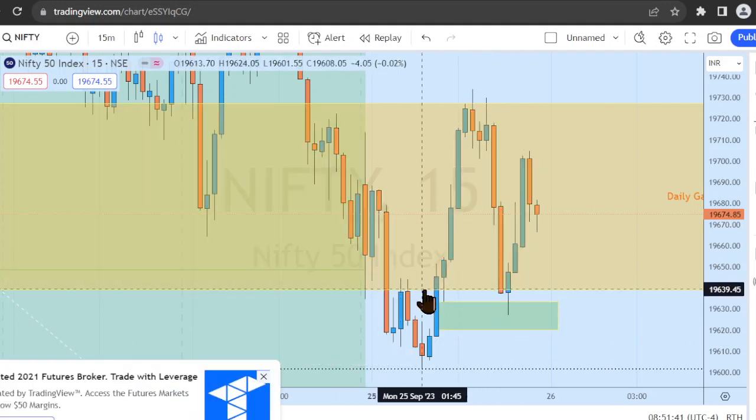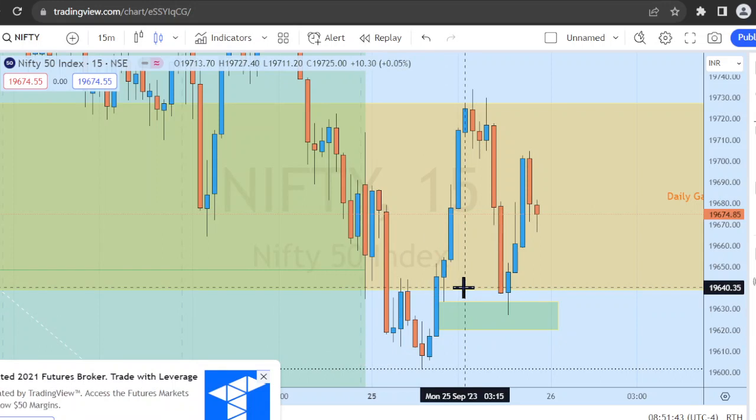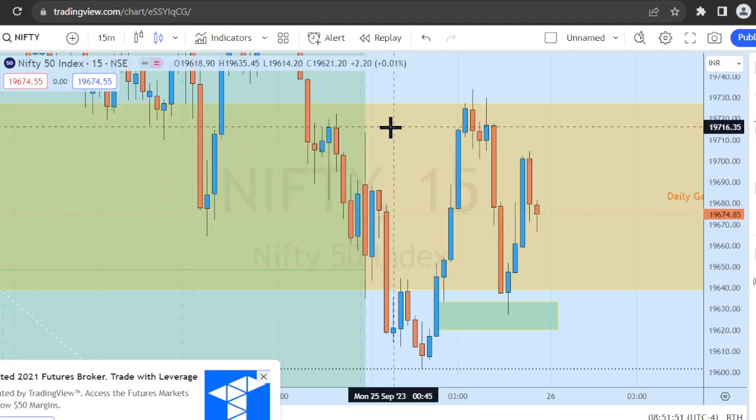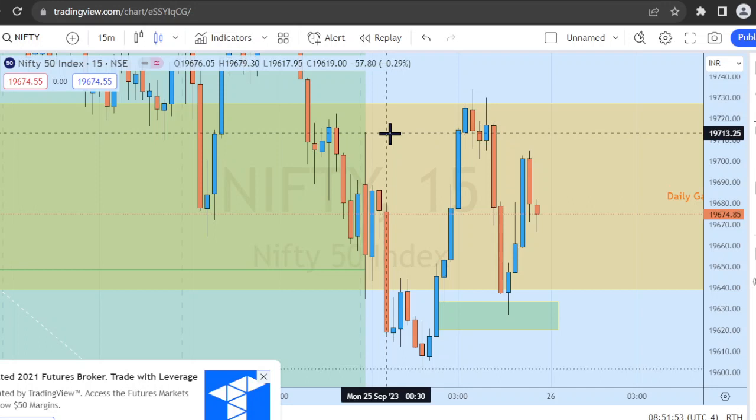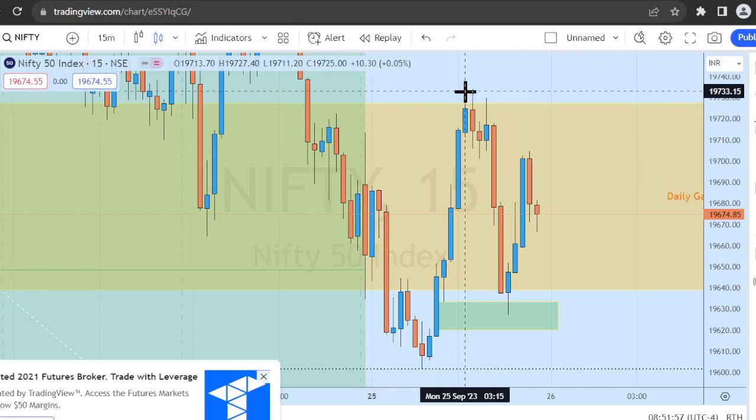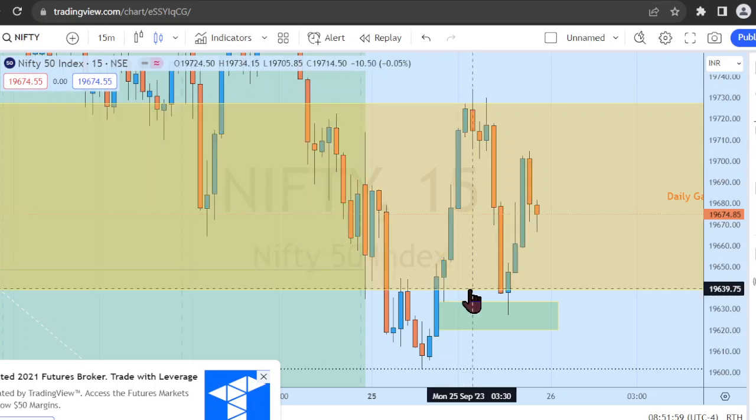After this market structure shift, it moved from 19,639 till the old high was right here, 19,700, and it went at least to 19,733, right?